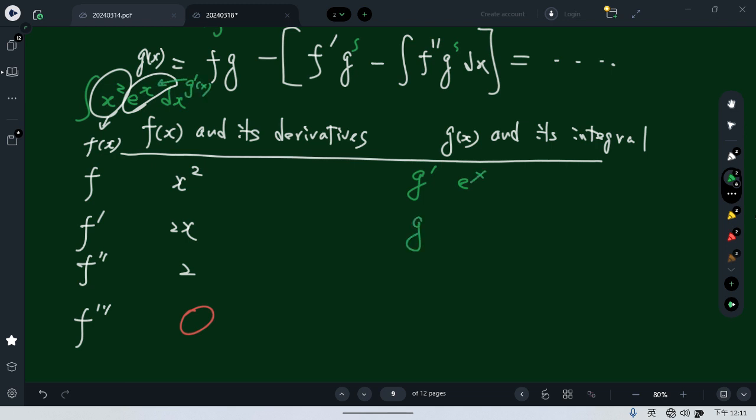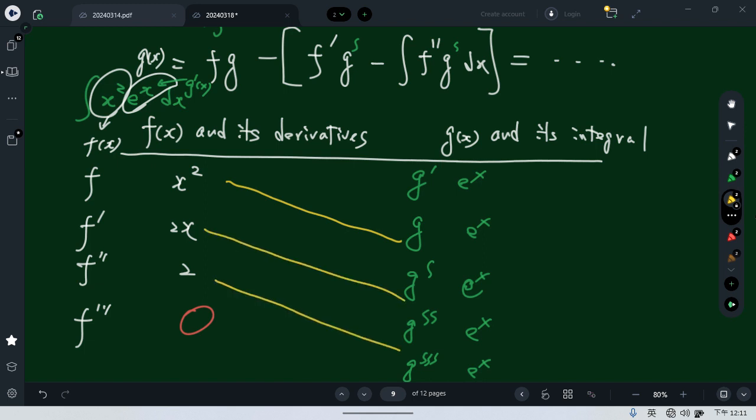So then we try to get g. e to the x integrated one time, e to the x twice, still e to the x, and three times e to the x, right? Then we just cross multiply, times together, times together, times together. Then here will be the signs: plus, minus, plus, minus.